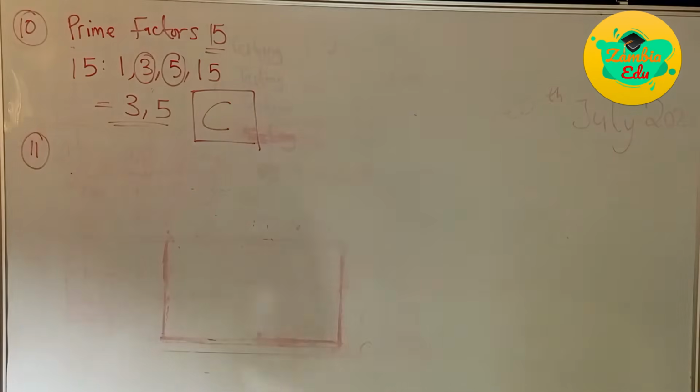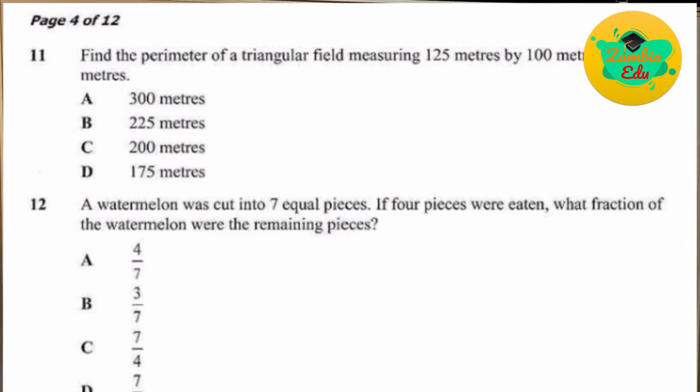Question number 11 says, find the perimeter of a triangular field measuring 125 meters by 100 meters by 75 meters. So we are looking at a triangular field, meaning it has a triangular shape.